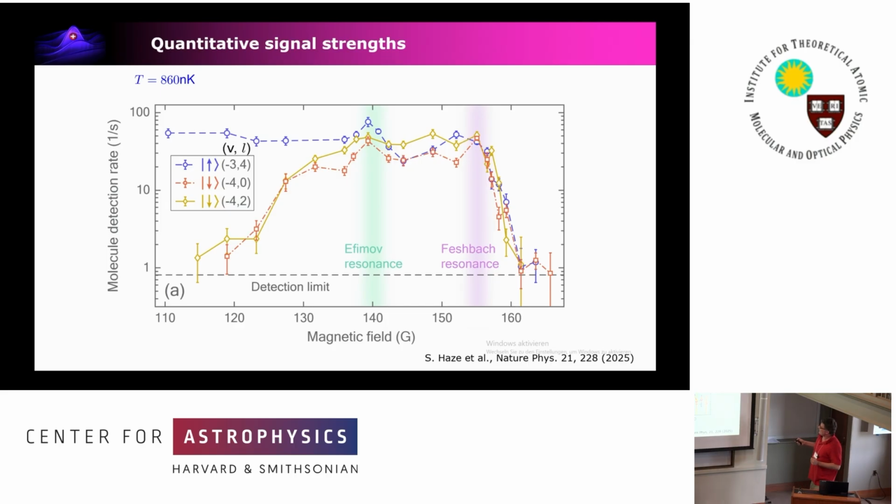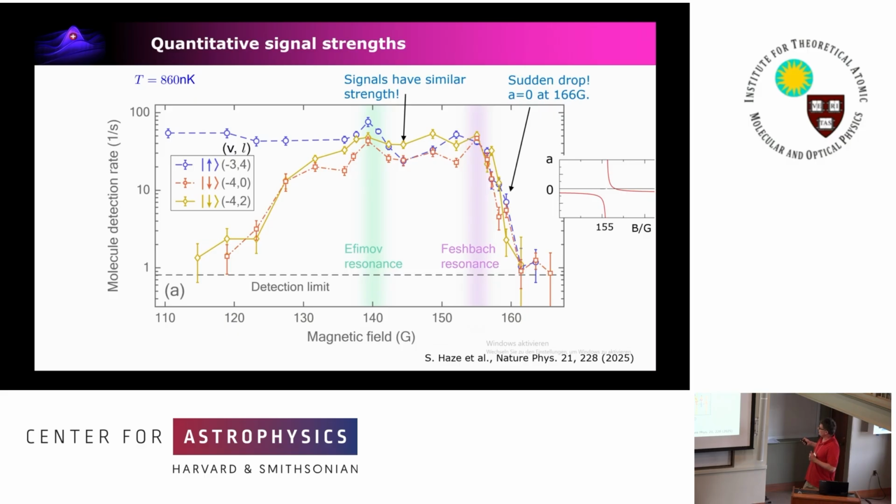Now, what is also striking is that just above the Feshbach resonance, all the production signals of the molecule go down again by orders of magnitude very quickly. The reason for this is simply that here this is the scattering length. The Feshbach resonance has a zero crossing here at 160 Gauss.